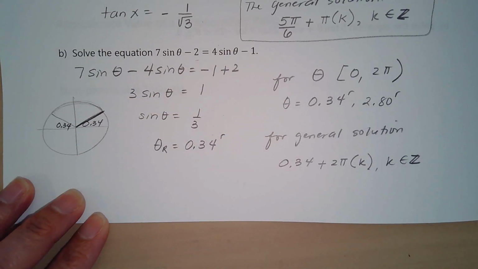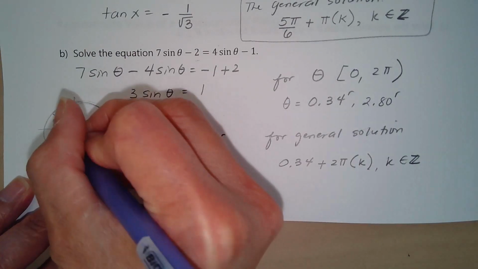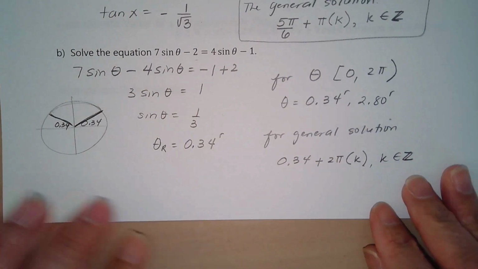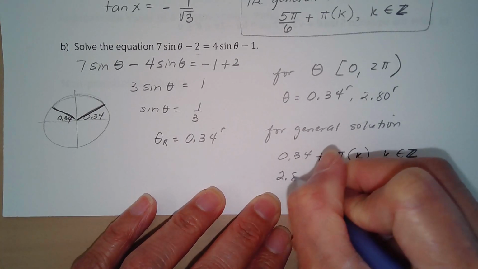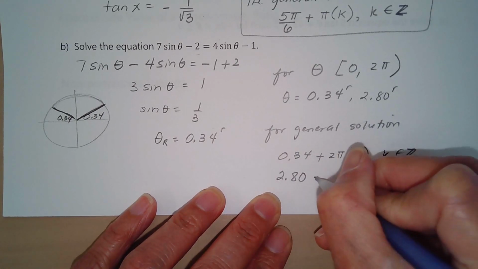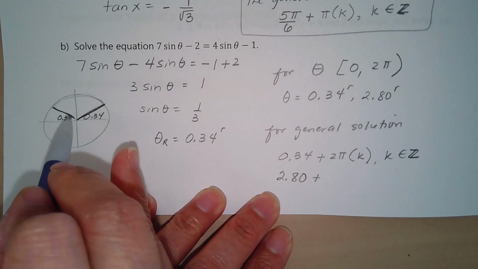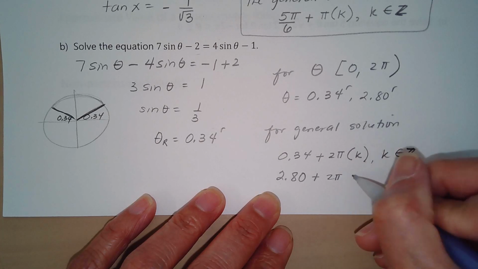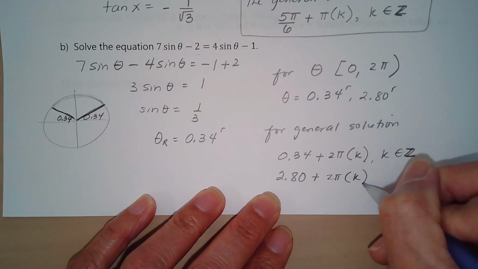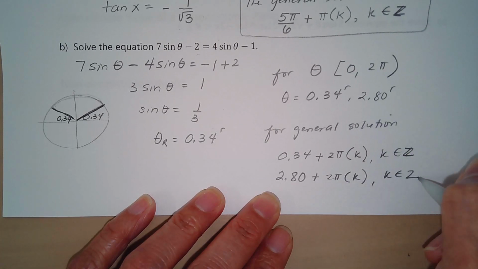That's not a pi turn. So we have to do this separately. So it's going to be 2.80 plus, how can you get to that part again? It's going to be 2 pi times k, where k is an element of the integers.